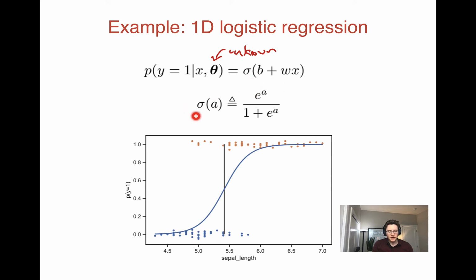And that logistic function is this thing. Again, we're going to talk about this in a bit. The logistic function for a particular value a is e to the a over 1 plus e to the a. So just to be clear, our theta vector consists of two values, b and w.